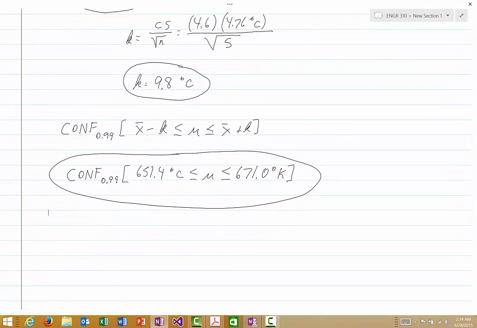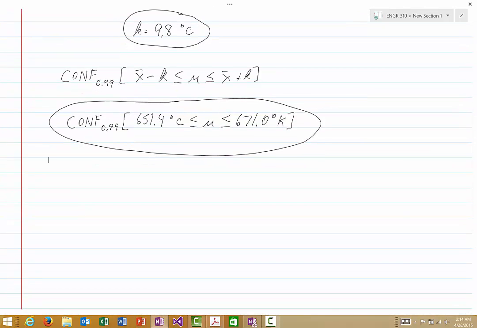And now we want to do one final kind of problem in this lecture, and that is calculating a confidence interval for the variance. So as an example, let's look at problem 25.3.15.